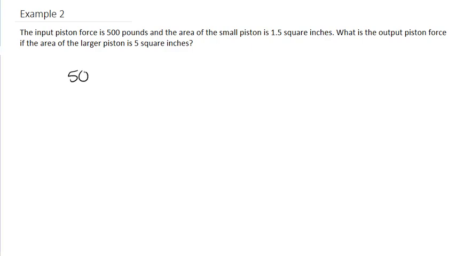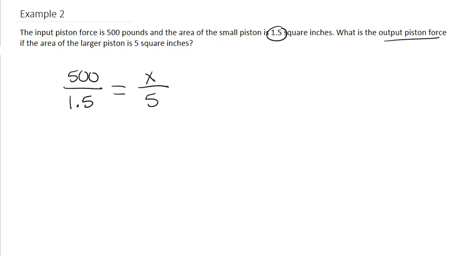We have 500 pounds over 1.5 square inches, so it's force over area. Then we don't know what the force of the second piston is for our output, so that will just leave us x. And we know it's 5 square inches for the area. And then these are equal to each other as it's a proportion that we are dealing with.